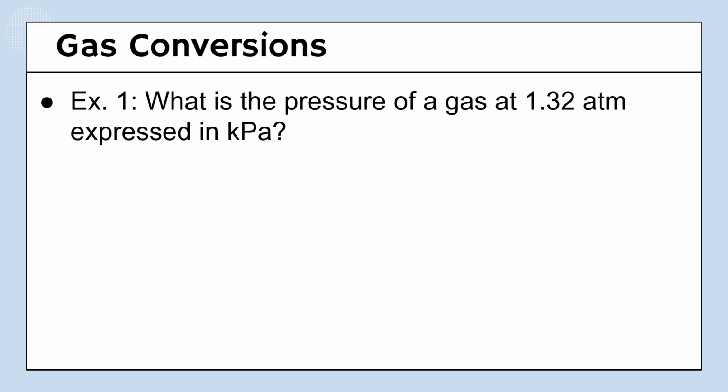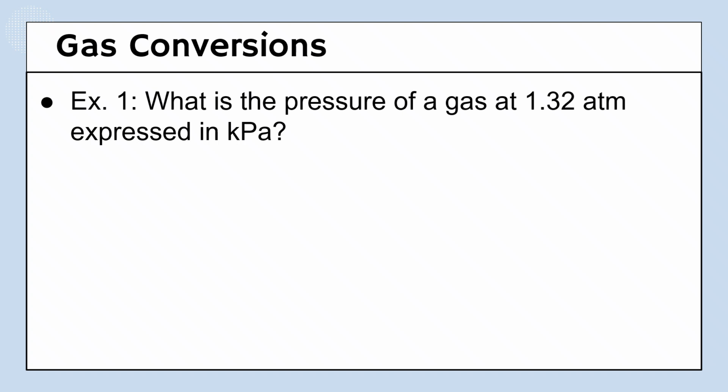Our first example on how to do gas conversions, we are going to convert the pressure of a gas at 1.32 atm to kilopascals. So the first thing we're going to do is write down our given, 1.32, and then we're going to use our conversion factor.